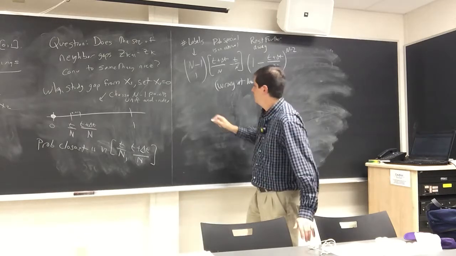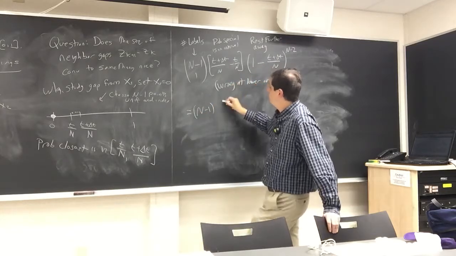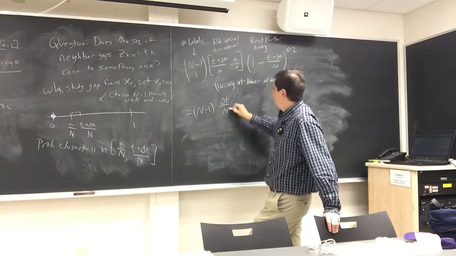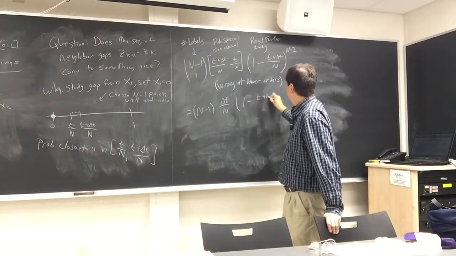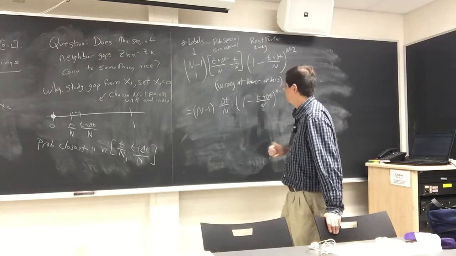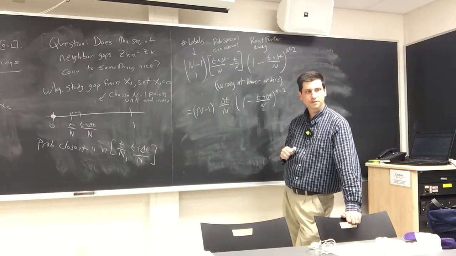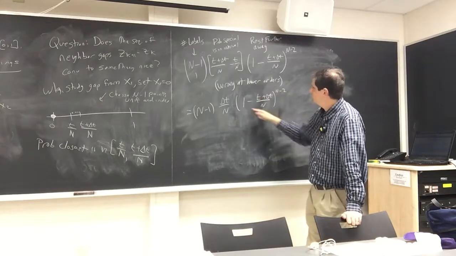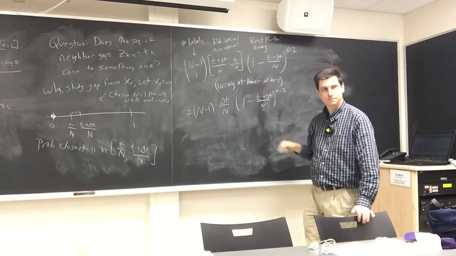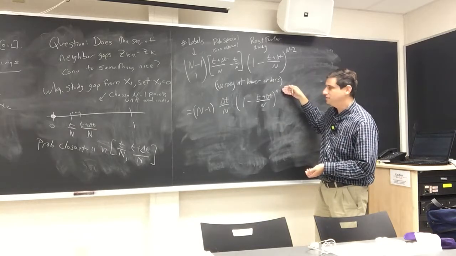So let's see what we would get. This would equal n minus 1. Over here we would get a delta t over n. And we get a 1 minus t plus delta t over n to the n minus 2. Now let's take the limit as n goes to infinity. As n goes to infinity, what does this expression look like? It looks like e. Now, does this extra minus 2 matter?